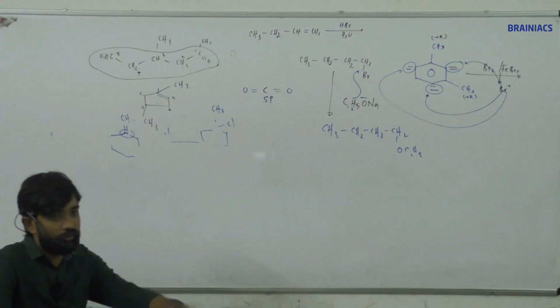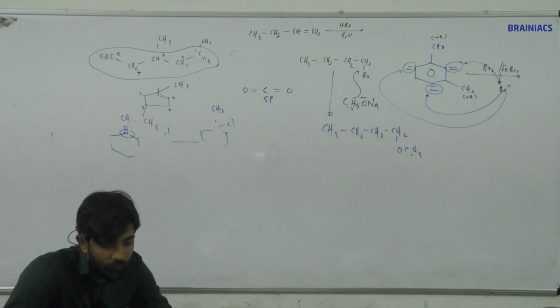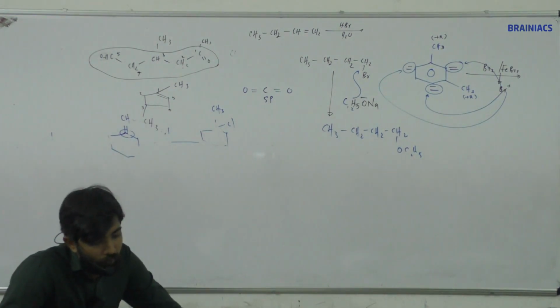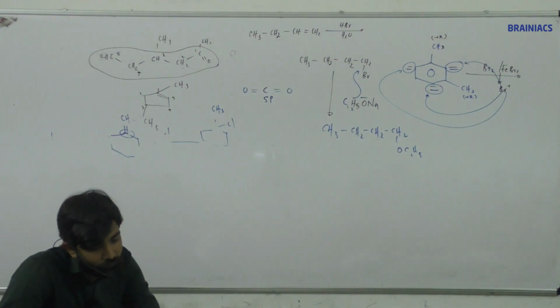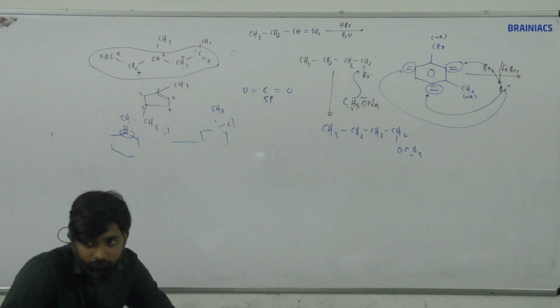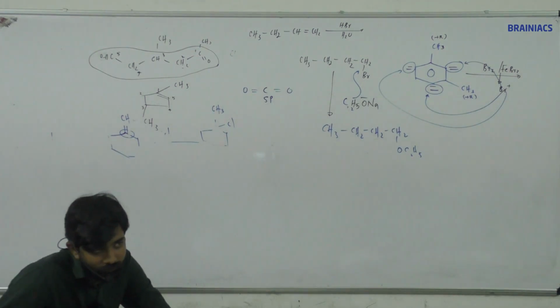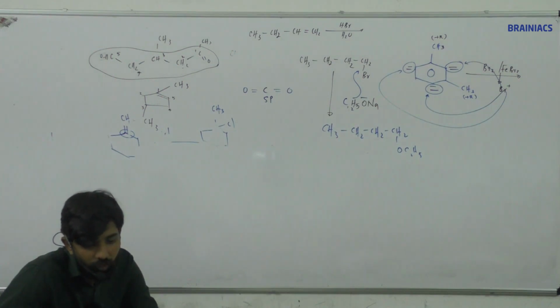First one is benzene, aromatic. Second one is naphthalene, aromatic. Third one is, is that thiophene? One, two, yeah, 4 carbon.